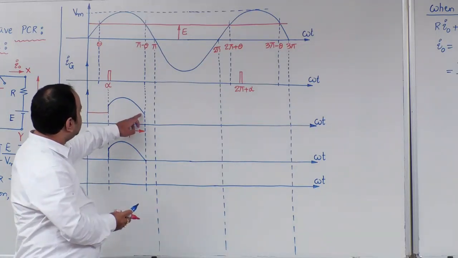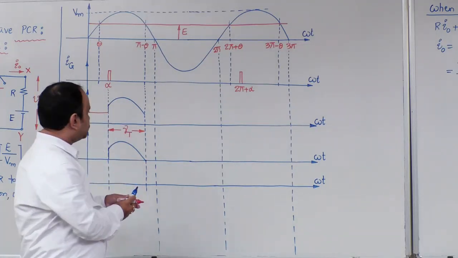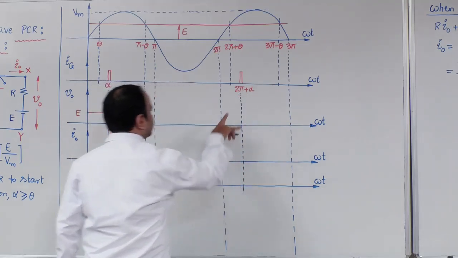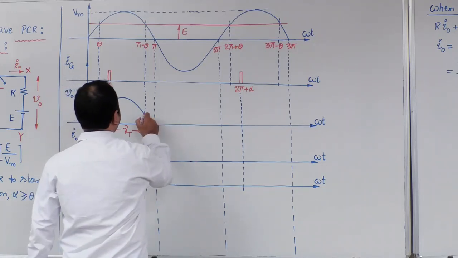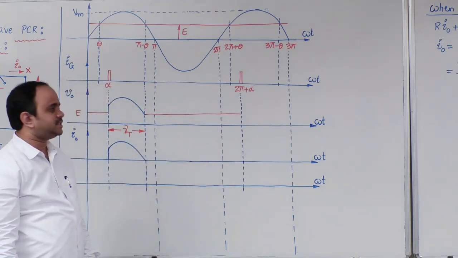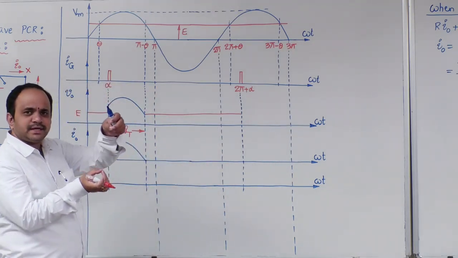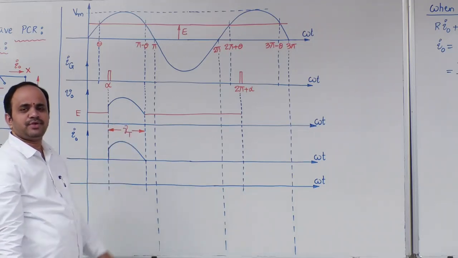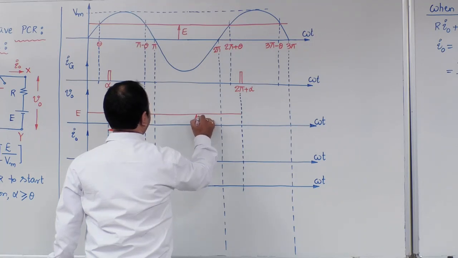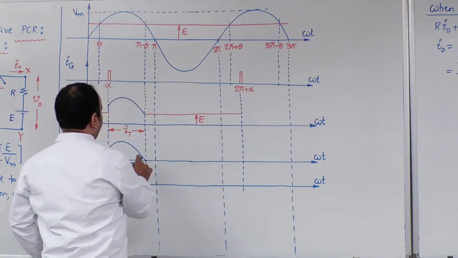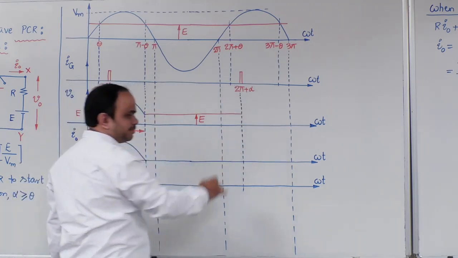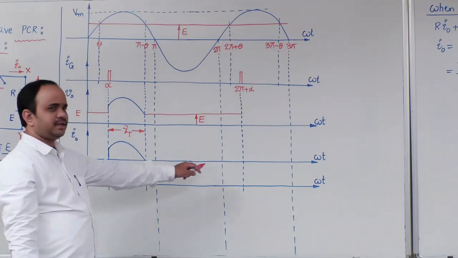So SCR will be turned off from pi minus theta to the instant where the device will start conduction in the next cycle, that is at 2 pi plus alpha. In this interval, as the device is not in conduction, the voltage across XY terminals will be simply the same as the load EMF E. As the device is in the off state, from pi minus theta to 2 pi plus alpha, output current will be 0.